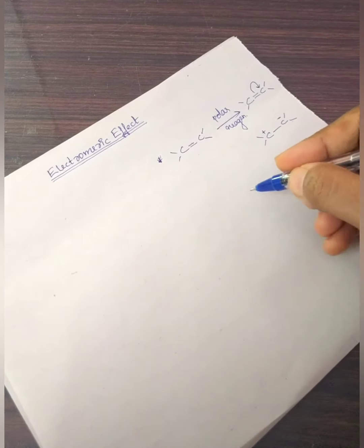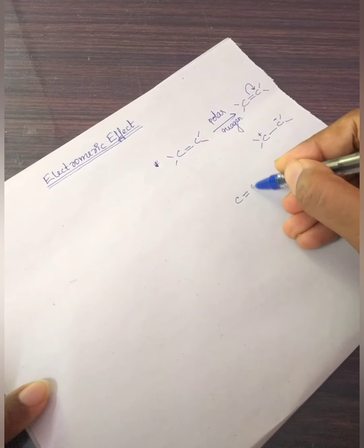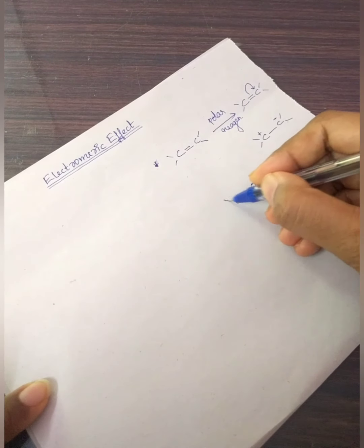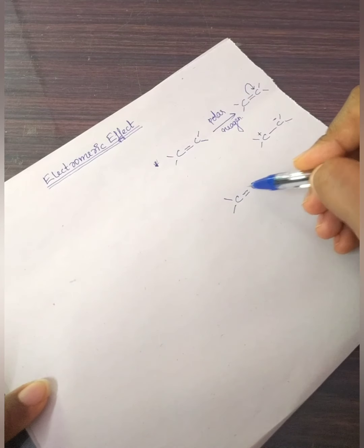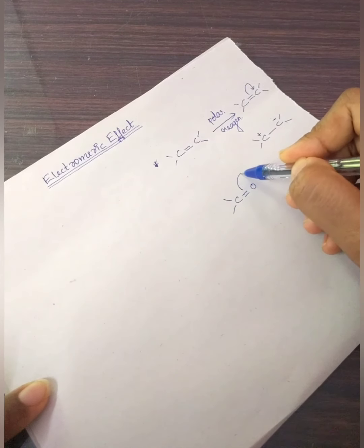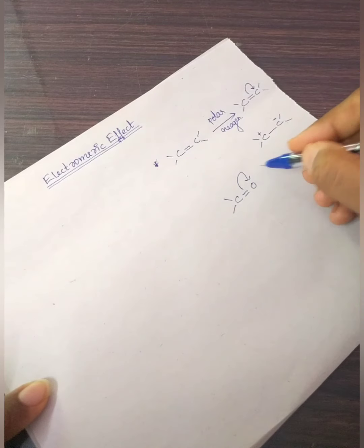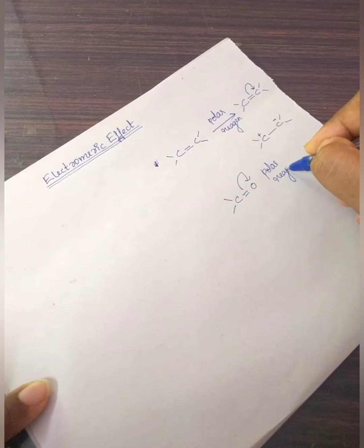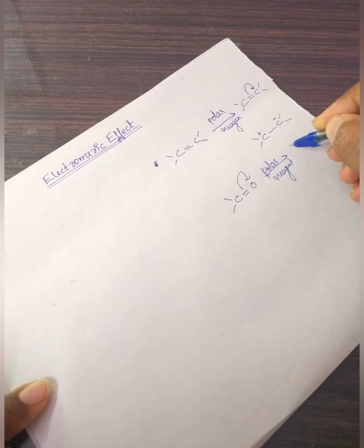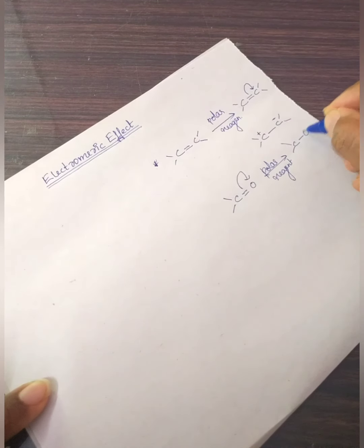If I consider a C double bond O, as we all know oxygen is more electronegative, so this bond will be shifted in this direction in the presence of a polar reagent. The oxygen will have a negative charge, and the carbon will have a positive charge.